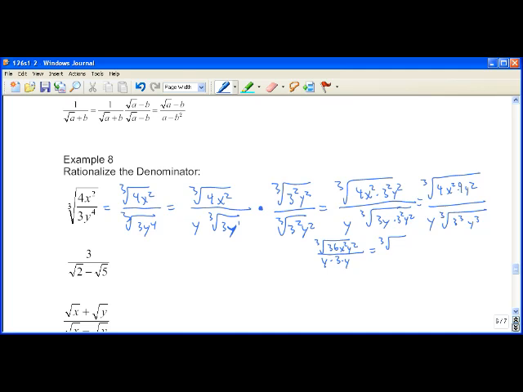So it's the cube root of 36 x squared y squared all over 3y squared. And that's it. No radical in the denominator. That was the key. That one took more space than I wanted it to. Any questions before we do the next one?